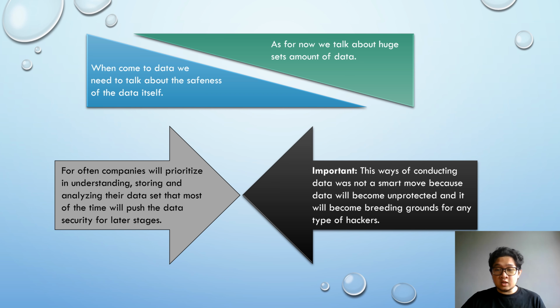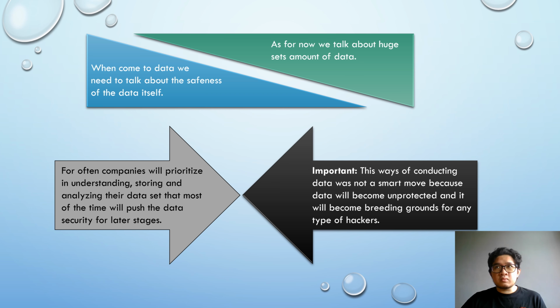But as we can see, nowadays companies often prioritize understanding, storing, and analyzing the data set for most of the time. And so at the end, this pushes data security to a later stage.